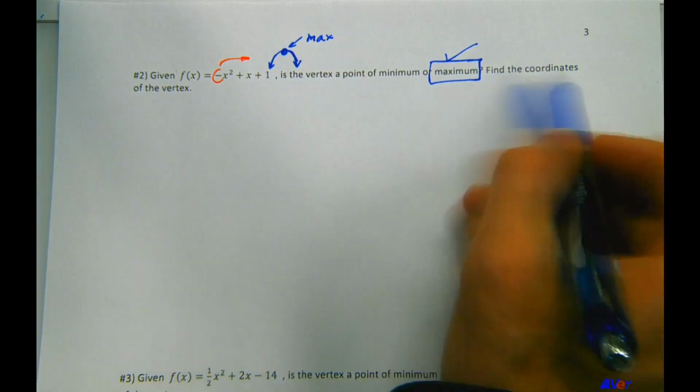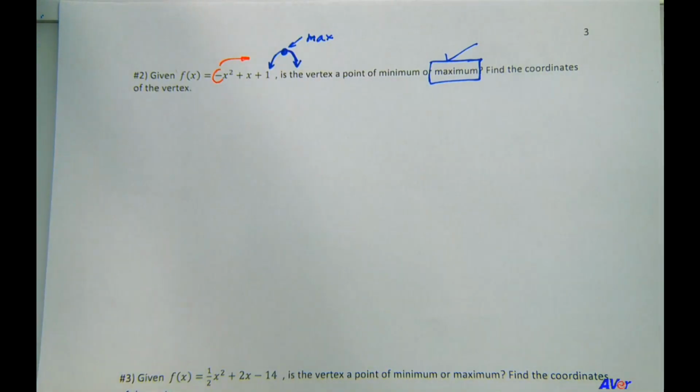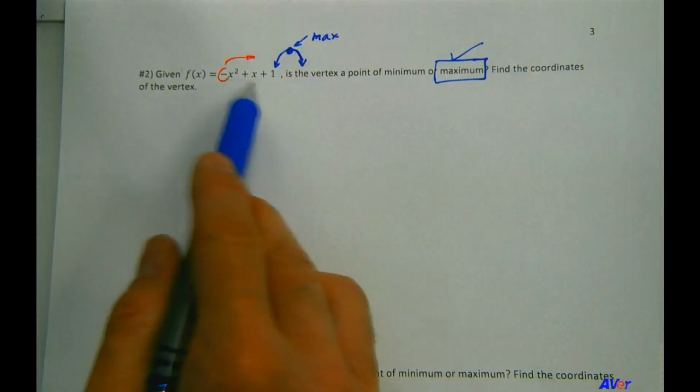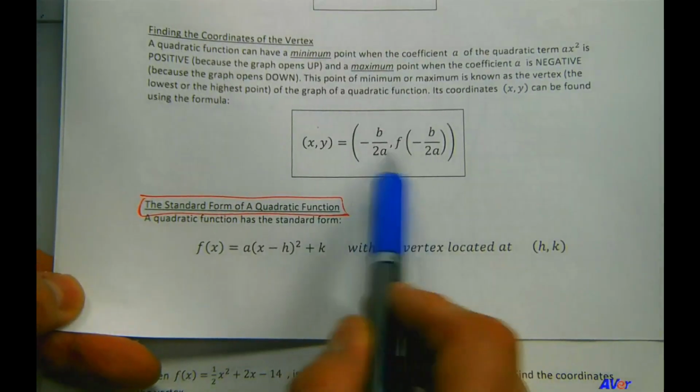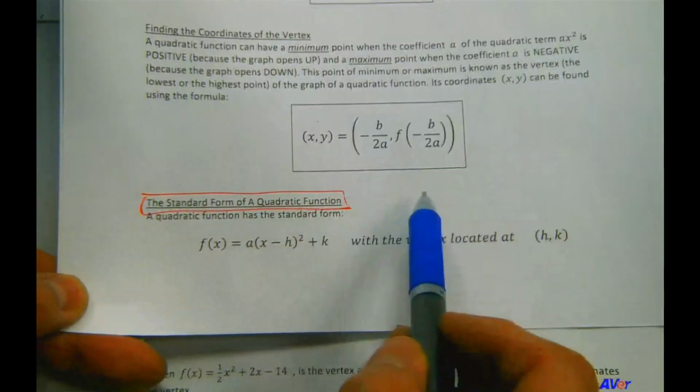Then it says find the coordinates of the vertex. Notice there are two ways of finding the coordinates of the vertex. One is using this formula. If you have your equation given to you like that, then you can find the coordinates of the vertex using this formula, which we will use in this case.